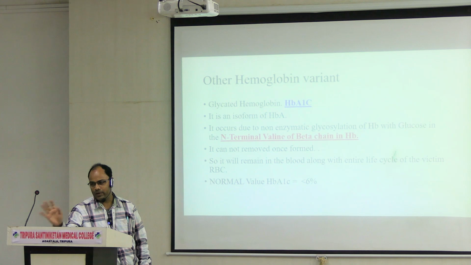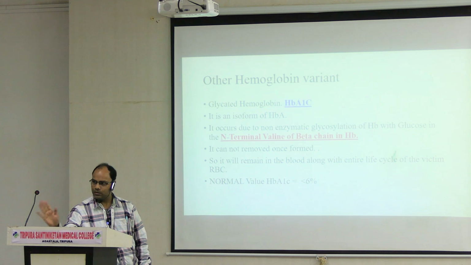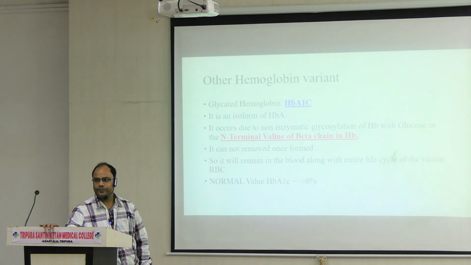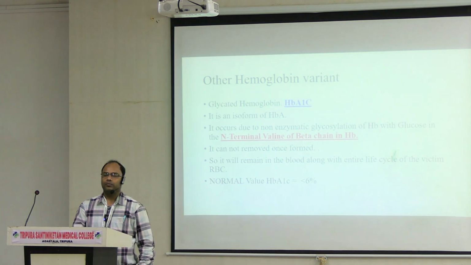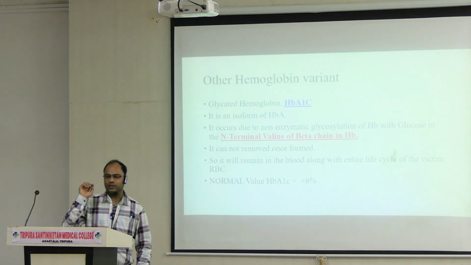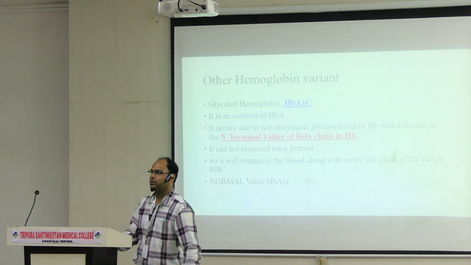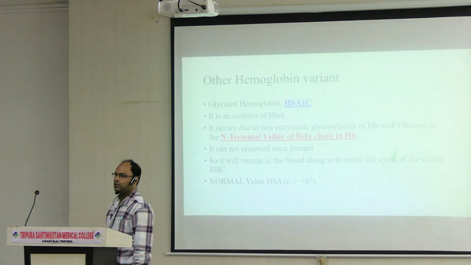In a newborn baby, where adult hemoglobin is very low and fetal hemoglobin is more than 50%, you cannot get HbA1c. I have seen some mistakes by doctors who prescribe the HbA1c test in newborn babies. This is absolutely wrong. Understand?